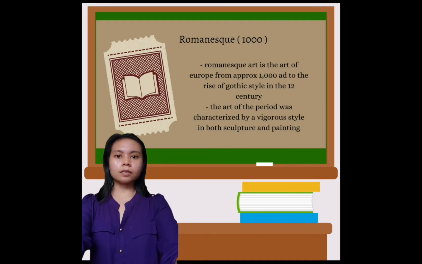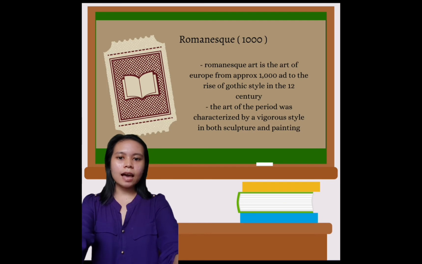Next is Romanesque art. The period of Romanesque art started around 1000 AD and lasted to around 1300, with the beginning of the Gothic art period. Art prior to that is called pre-Romanesque. Romanesque art was influenced by both Roman and Byzantine art.